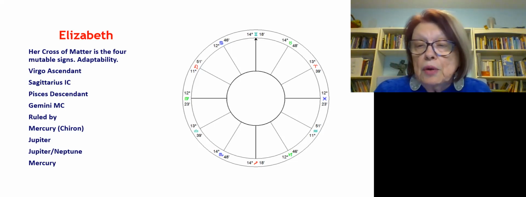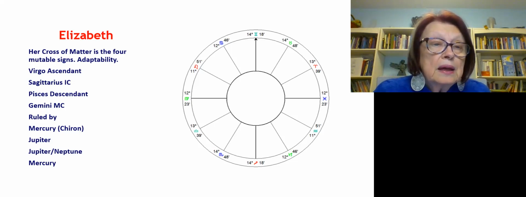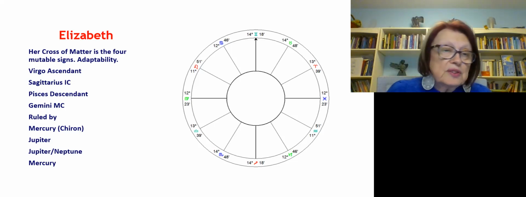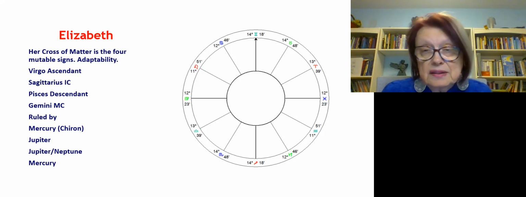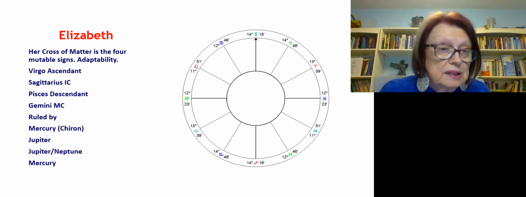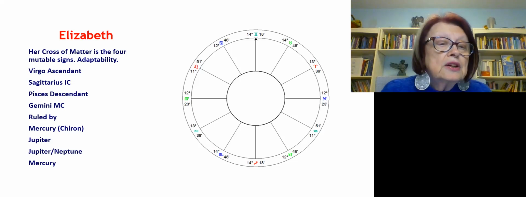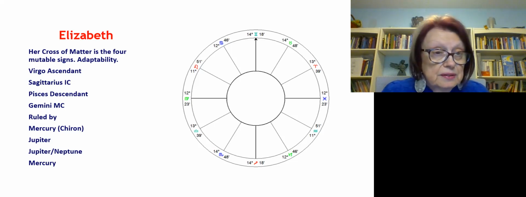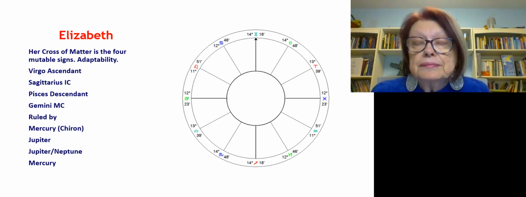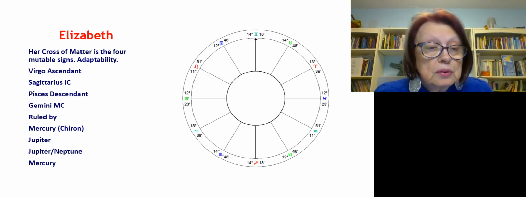So what do we have there? We have adaptability. So Virgo ascendant, Sag IC, Pisces descendant, Gemini midheaven, ruled by Mercury. And I have in brackets Chiron because I think Chiron is really powerfully important in the sign of Virgo. Jupiter, as well as Jupiter, Neptune, which is the 7th, and then Mercury.